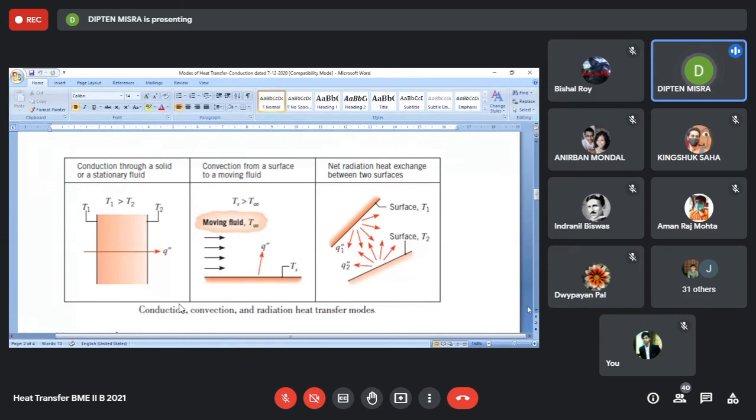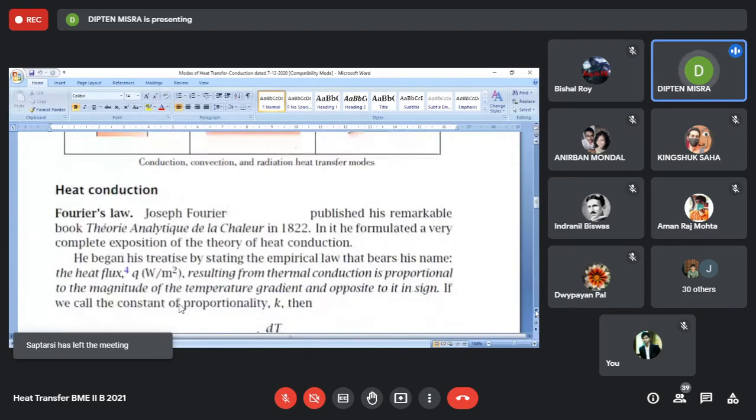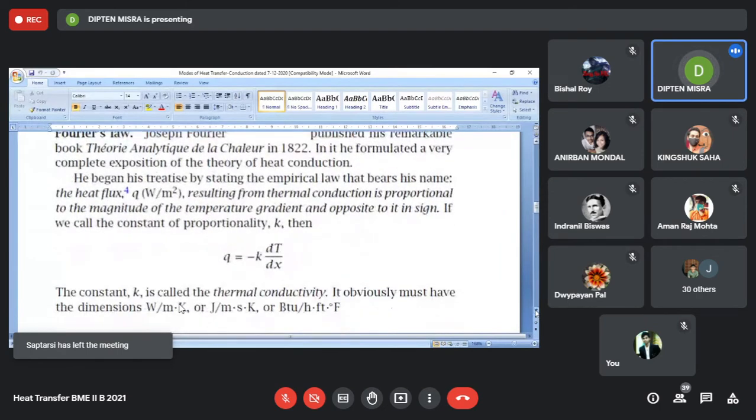Now, you know that this phenomenon of heat conduction is governed by a law known as Fourier's law of heat conduction, where we can find the heat flux due to conduction as equal to minus k dT/dx. Now, I have a lot of things to say about this.